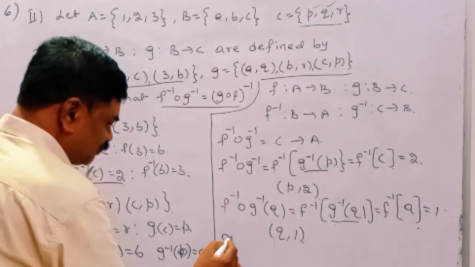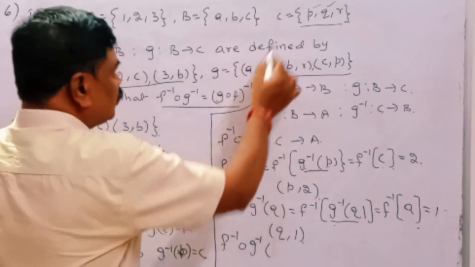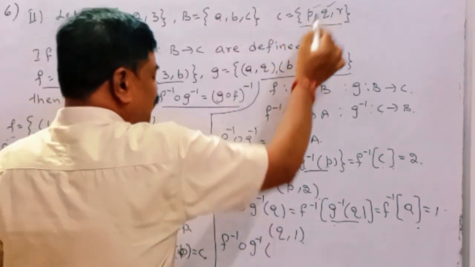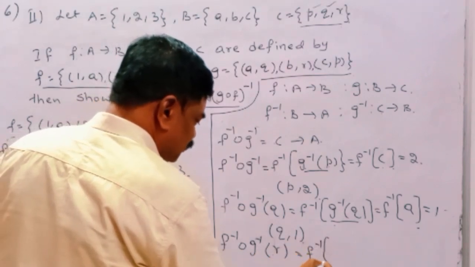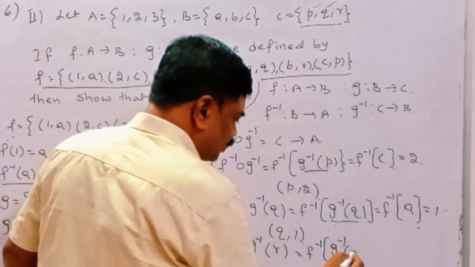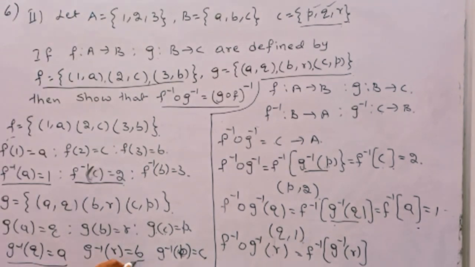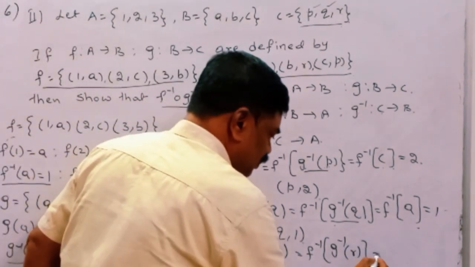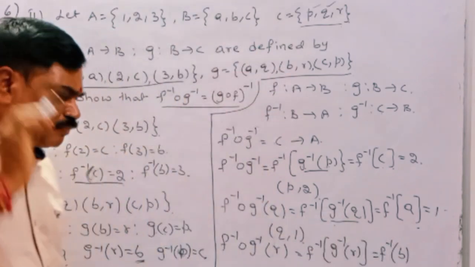Similarly, F inverse circle G inverse of R is equal to F inverse of G inverse of R. What is G inverse of R? B is there. So it is equal to F inverse of B. Okay, all of you.